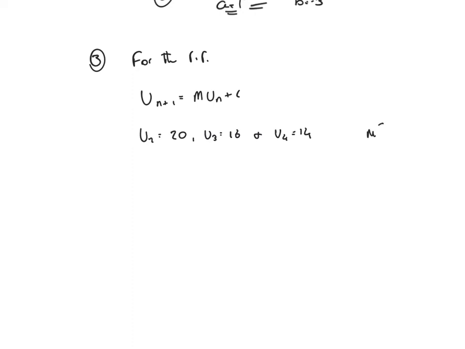The question's asking me to find M and C. Now there's different variables here. It's not A and B, but it's not a big deal. Just apply the same logic to it.